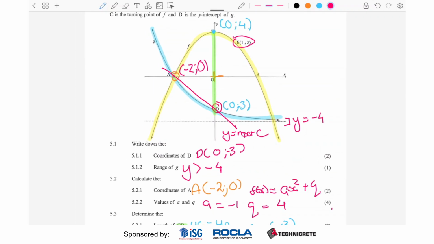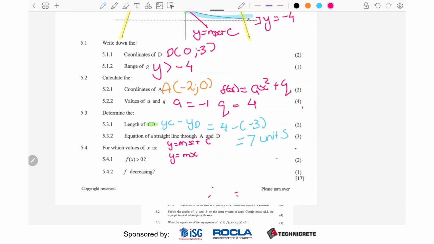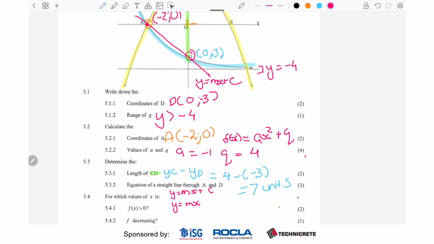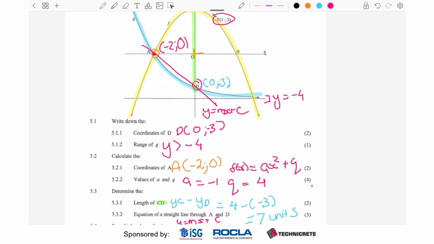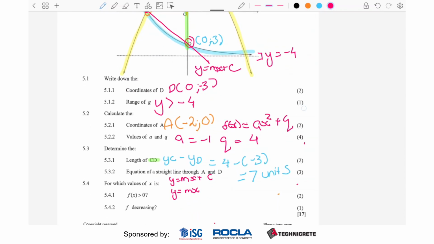So here, at this point, our y-intercept, we already know it's through D. Therefore, y equals mx plus c. y will equal mx minus 3.